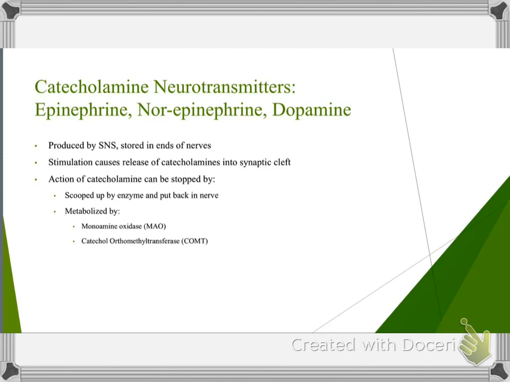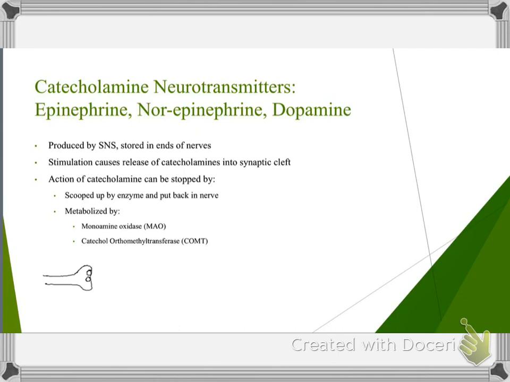So we have these receptors, and we have these neurotransmitters: epi, norepi, and dopamine. They are actually produced in the sympathetic nervous system and stored at the ends of nerves. So you have your nerve that looks like this. Y'all remember this? And here are your little neurotransmitters.